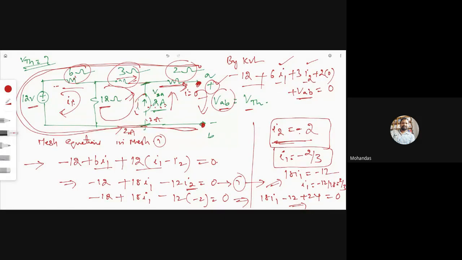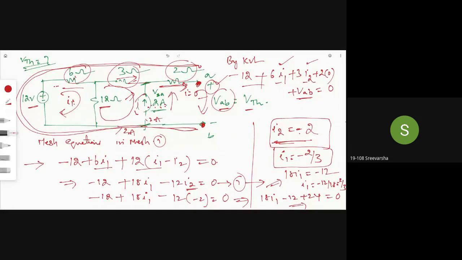Substitute the I1 and I2 values and tell me the VAB voltage. What is the value of VAB after substituting I1 and I2 values in that equation? 21.96.